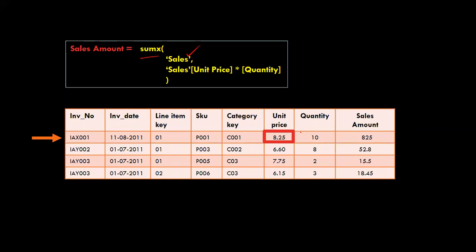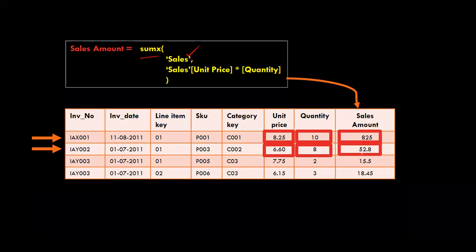It takes the unit price, multiplies it with the quantity, and stores the product of these two values in the sales amount column for each record. Once this is done, it goes to the next row, picks up the unit price and quantity, takes the product of these two, and assigns this value to the sales amount.